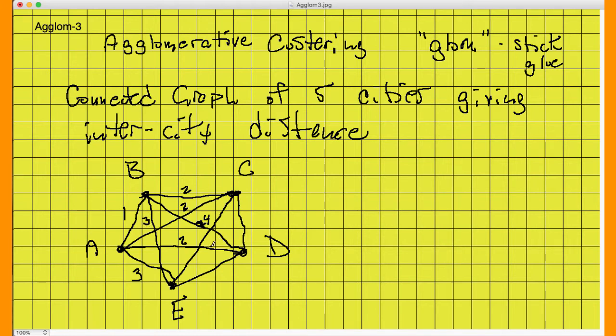And don't worry, I'm going to draw a table that's going to make this a whole lot clearer. C to A is 2, C to D is 1. E to D is 3. This is already a mess, so instead I'm going to draw a table that looks like this. That's going to make things much clearer.